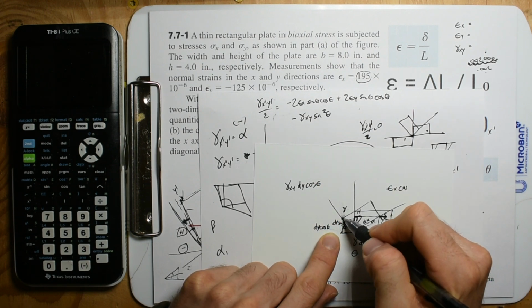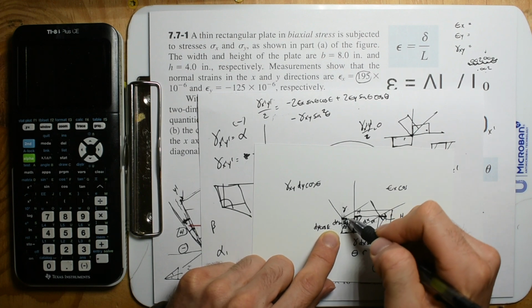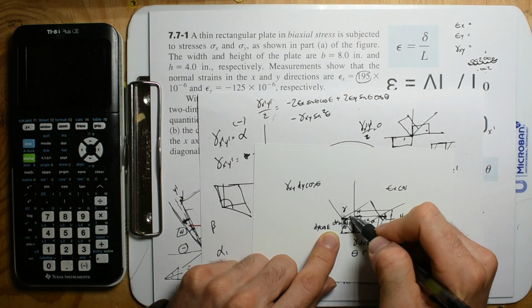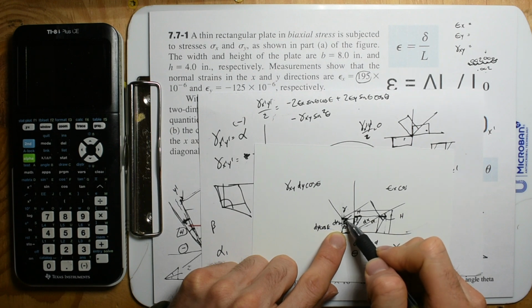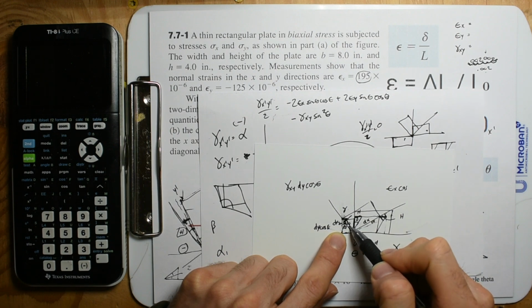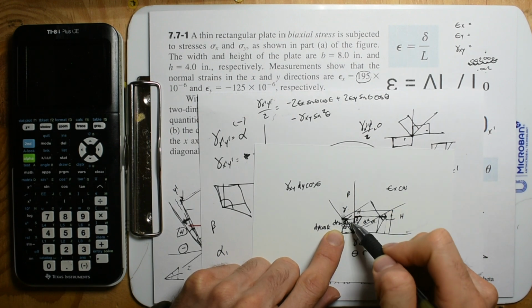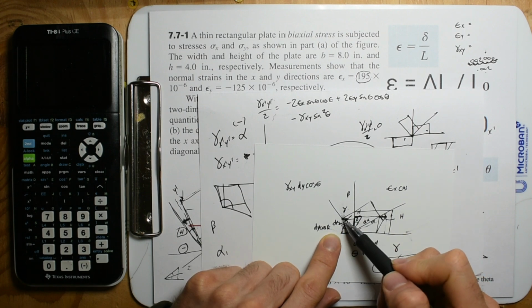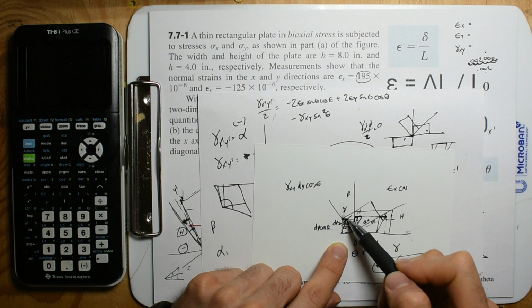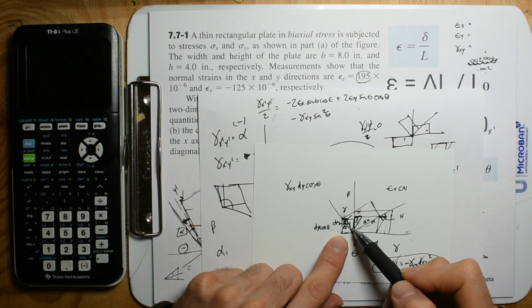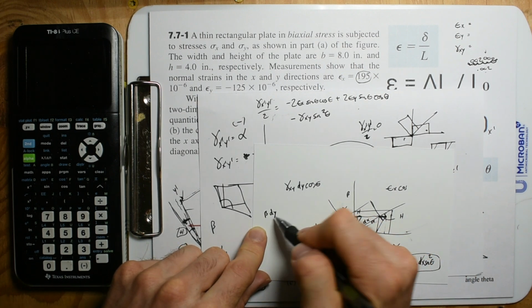And if this is the hypotenuse, that's going to be the angle formed, and that's going to be beta. See, the triangles get real small. This is my arc length, and so this is going to be dy. So we got beta dy.